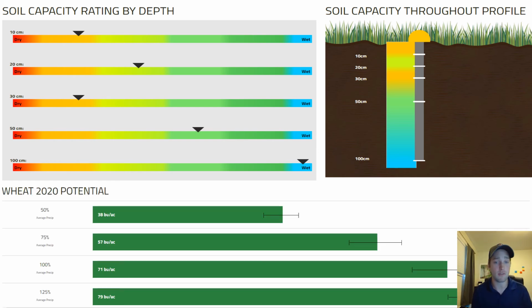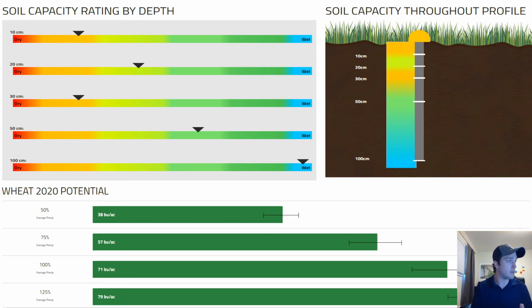There's also some functionality on planting crops. This is a wheat example, using 2019 data, of course. It's saying, for 2020, we know how much moisture is in that soil. So if you received 50% of your average precipitation on a wheat crop, that would get you 38 bushels, and it goes up from there.